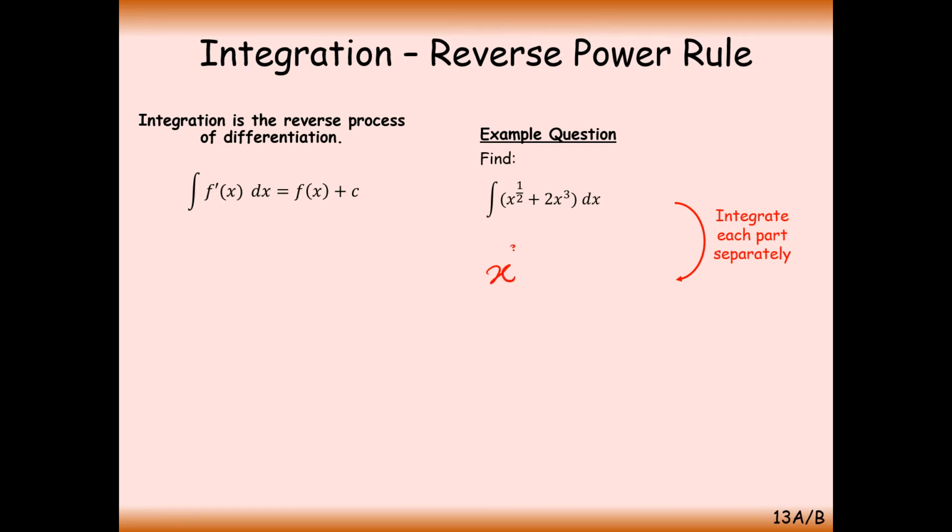So we'll have 3 over 2 here, but I'm going to write 2 over 3 at the front because 1 over 3 over 2 is equal to 2 over 3. And then I'll write x to the power of 4 here, and 2 divided by 4 is the same as a half. And I won't forget the plus c here. All right, so that's that.